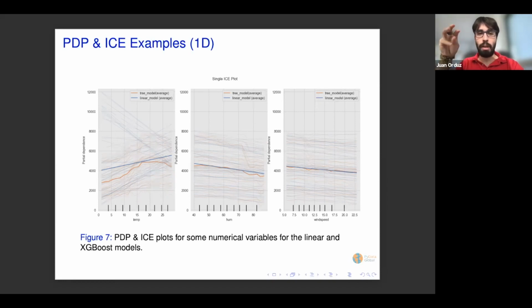Both lines, which are the partial dependency plots, look a little bit interesting. For the linear model, we get a linear relation, again saying that higher temperature implies higher bike count, but the tree model actually understands that at some point there's a saturation effect, in which temperature above 25 degrees actually decreases the number of bikes.